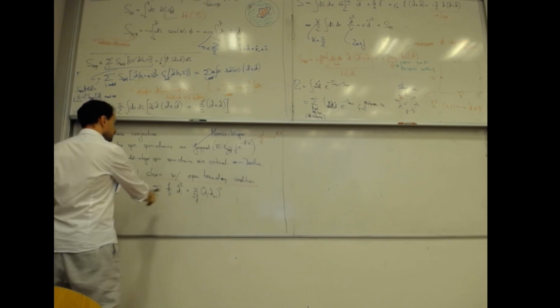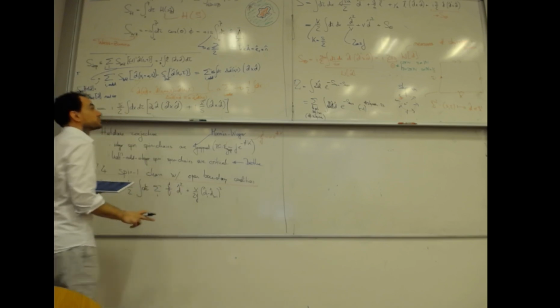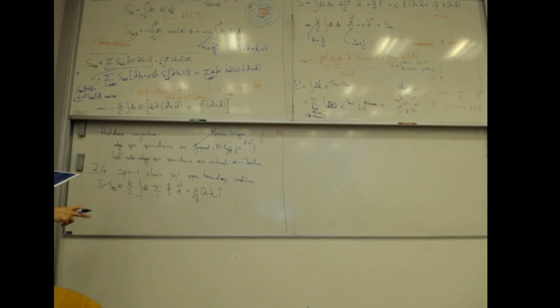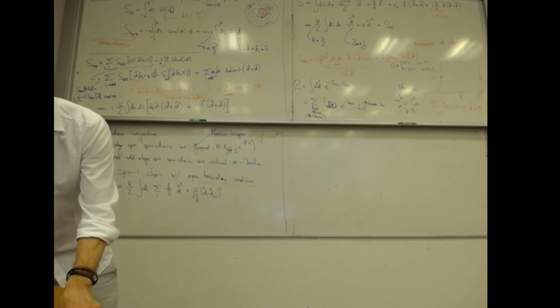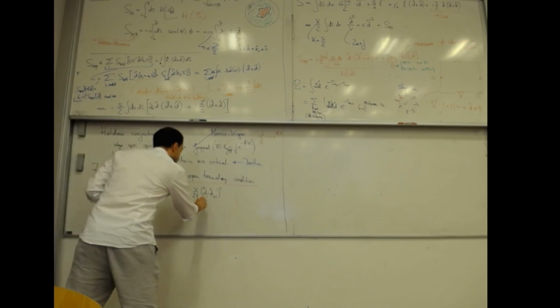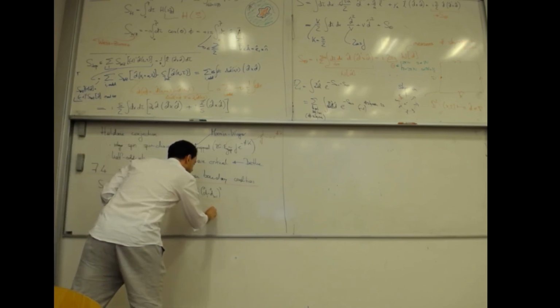Add a k half here, and that's a g naught. And again, the only part that's really important here is going to be proportional to minus 2 pi.